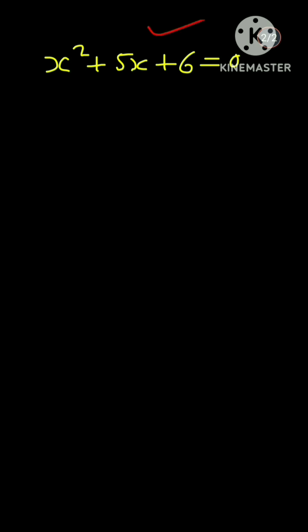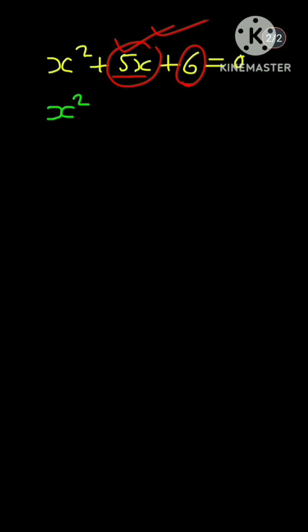And here in this equation, 5x is the middle term, right? And here we need to break this 5x into two numbers so that when we multiply those two numbers we get this 6, and when we add those two numbers we get this 5, right? So it's a simple equation, so it can be solved like this.